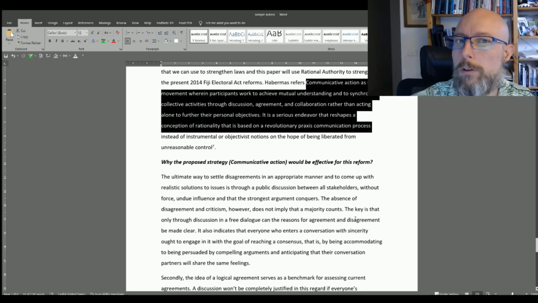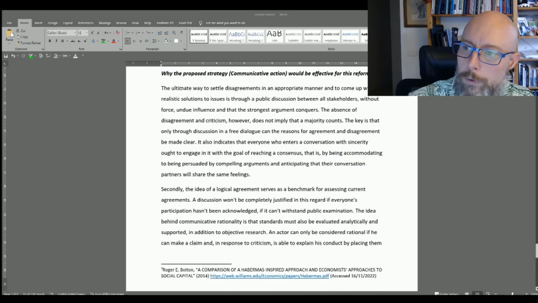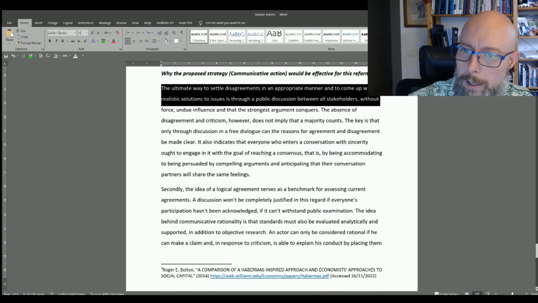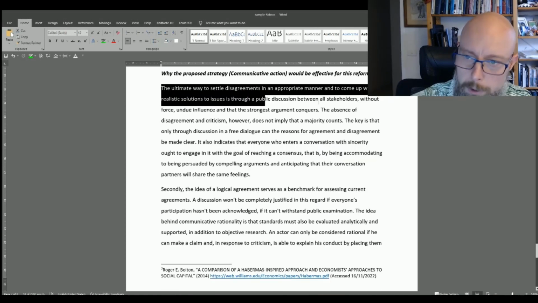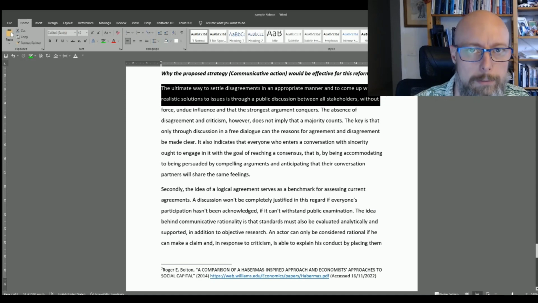Again, I think it's the wrong strategy for what is being suggested. This student says that the best way to resolve things is through a public discussion, without force, undue influence, and the strongest argument conquers.